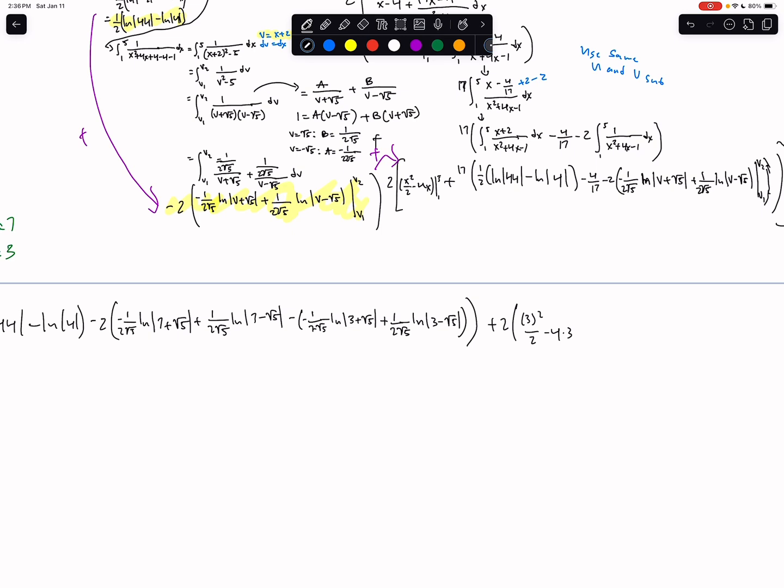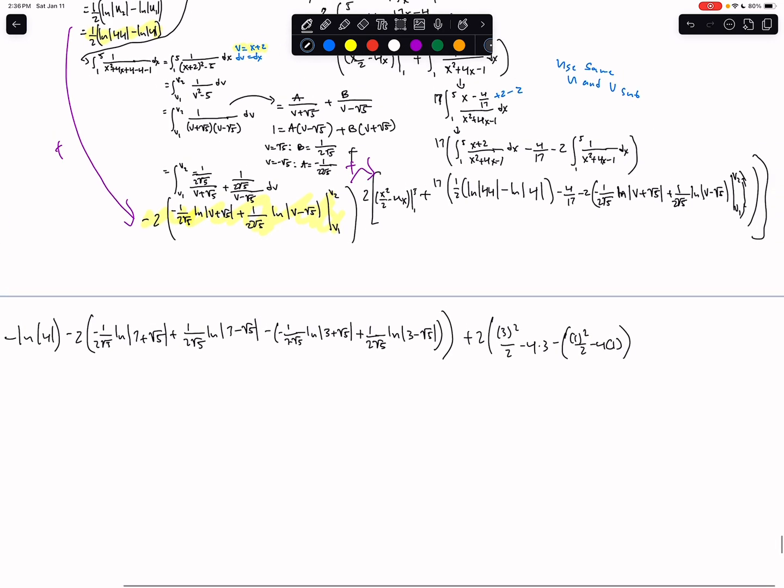I'm not even going to simplify that simple one. 3 squared over 2 minus 4 times 3 minus 1 squared over 2 minus 4 times 1.